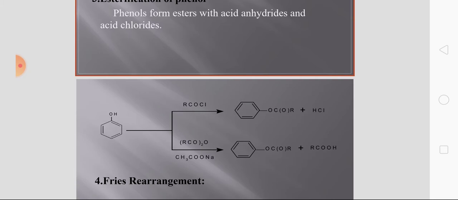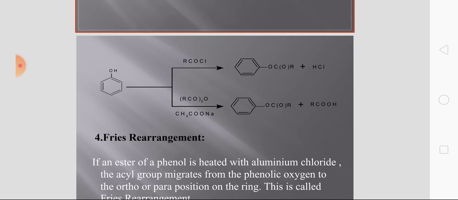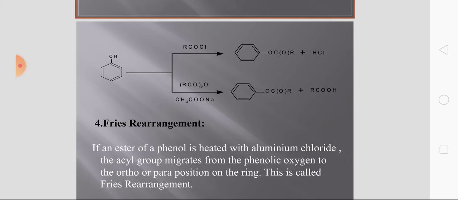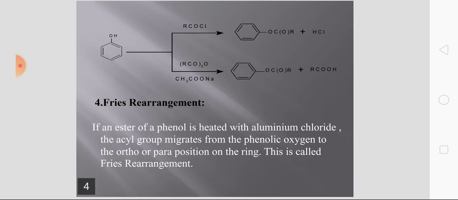In alcohol, when we react alcohol with an acid anhydride or acid chloride, H2O is released as a byproduct and an ester is formed. Similarly, when phenol is reacted with acid chloride or acid anhydride, the OH bond is broken and HCl is a byproduct here, and the main product is an ester. So this is an esterification reaction.